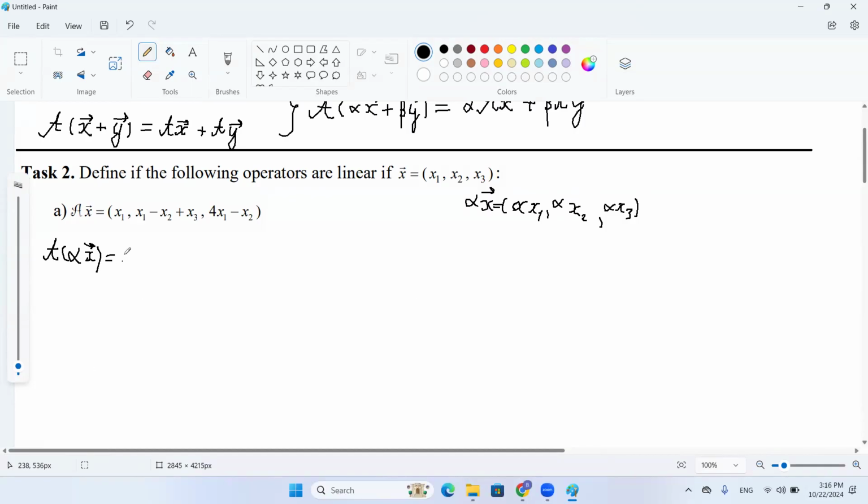So how will it look? Alpha x1, alpha x1 minus alpha x2 plus alpha x3, and for alpha x1 minus alpha x2. And you agree that we can move alpha out of brackets here. So let's do it, because we have it here, here, and here.